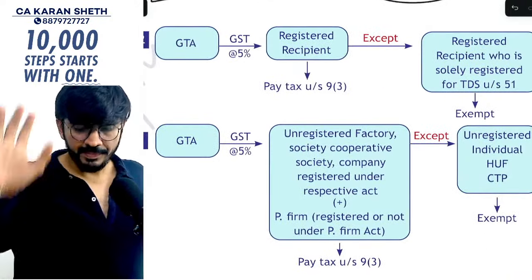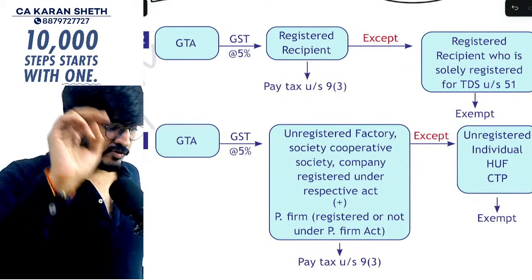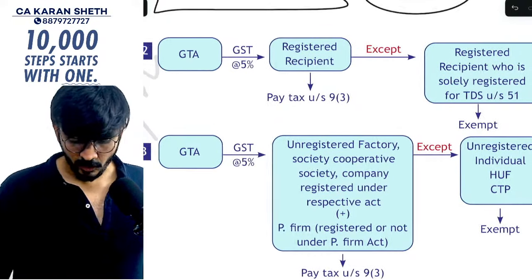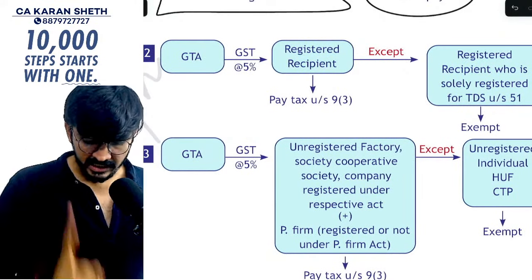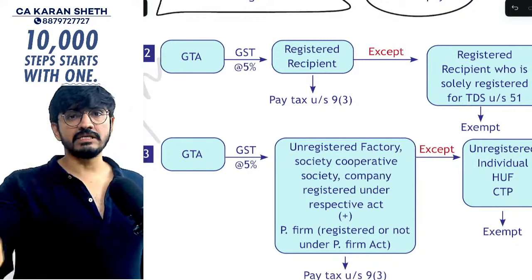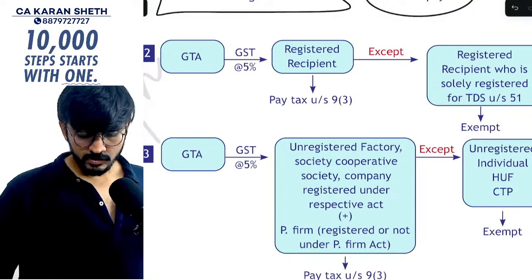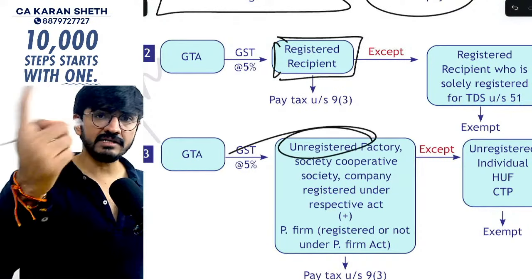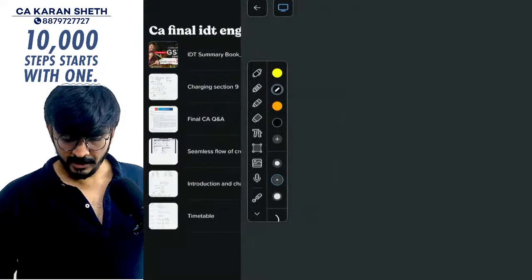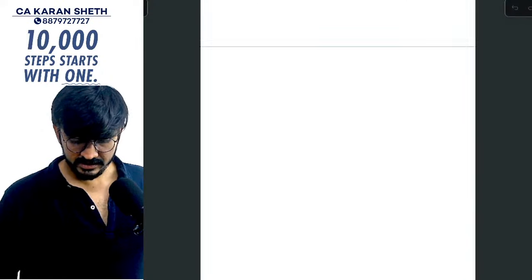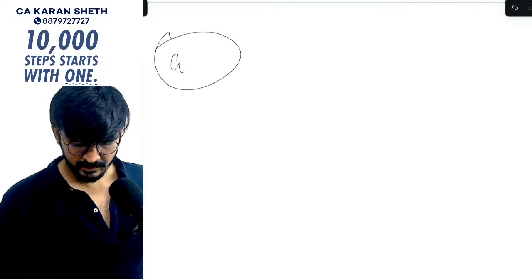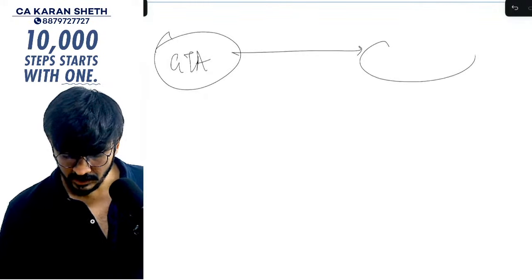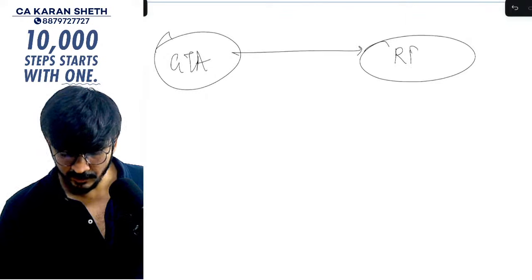Okay, now listen. There is 5%, there is 12%. When it comes to 5%, my dear friends, the concept is very simple. GTA is providing service to a registered recipient. Now focus. The recipient will be registered in one case, unregistered in another. So coming back to the concept, let's say there is a GTA, and the recipient is a registered person.